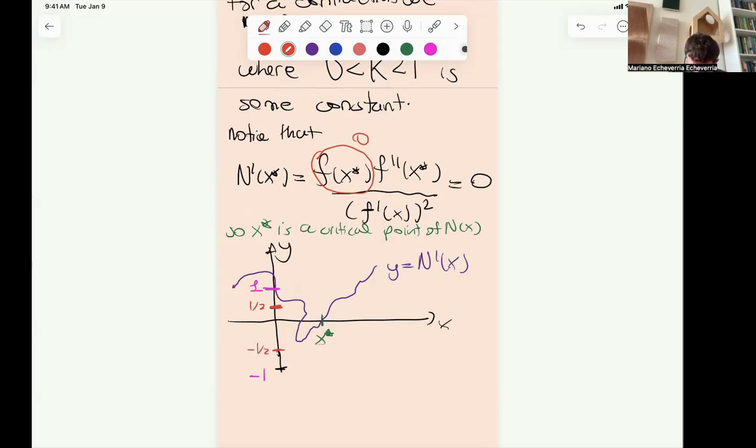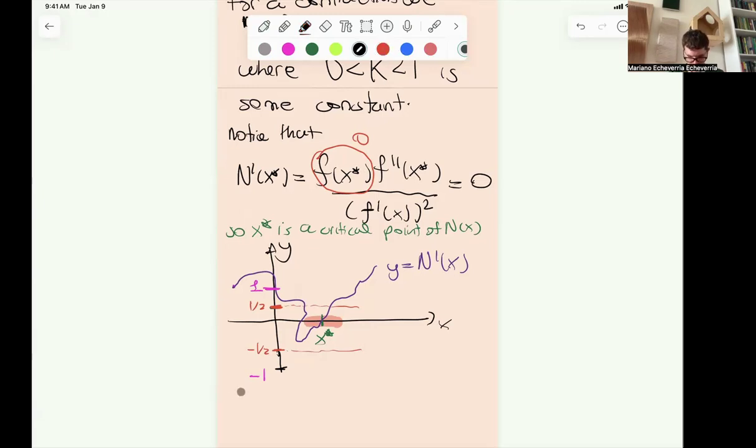There is an entire safe zone where the first derivative will be between negative one half and one half. So by continuity, there will be an interval near x star where the first derivative is still less than one half, and that gives you a contraction, basically.